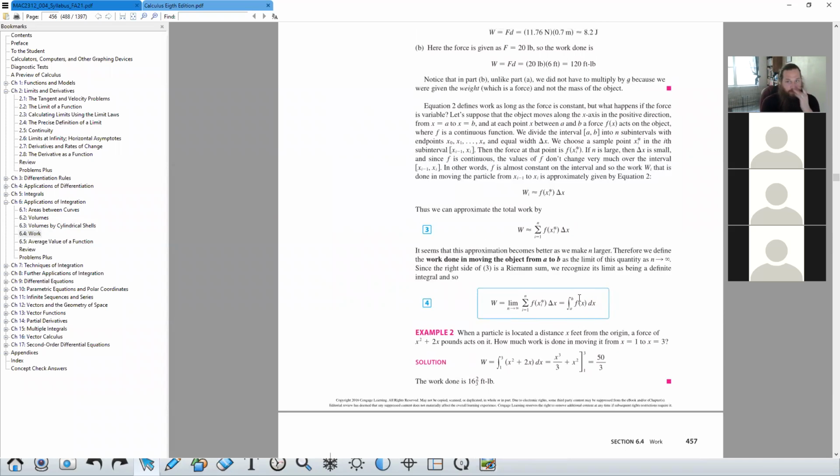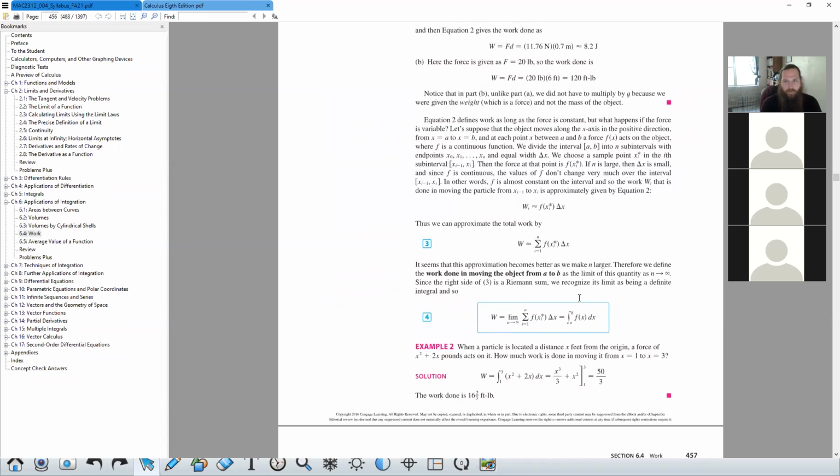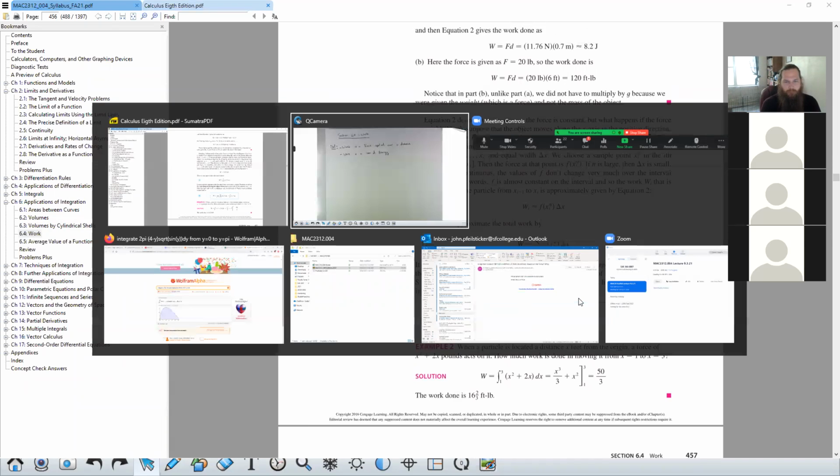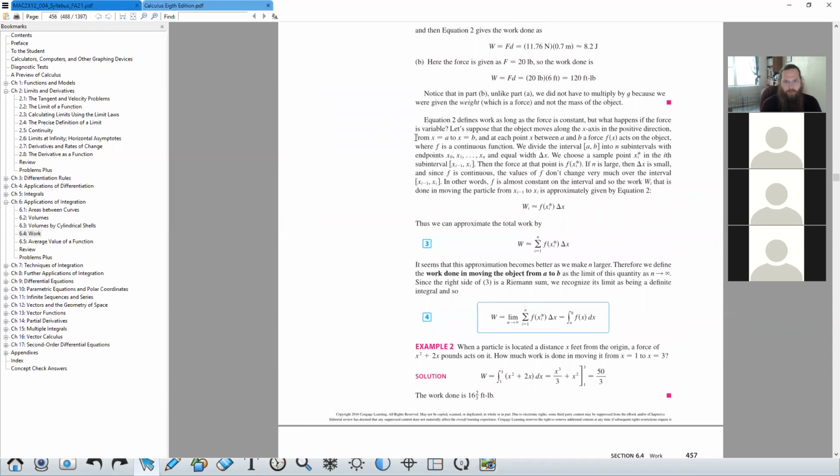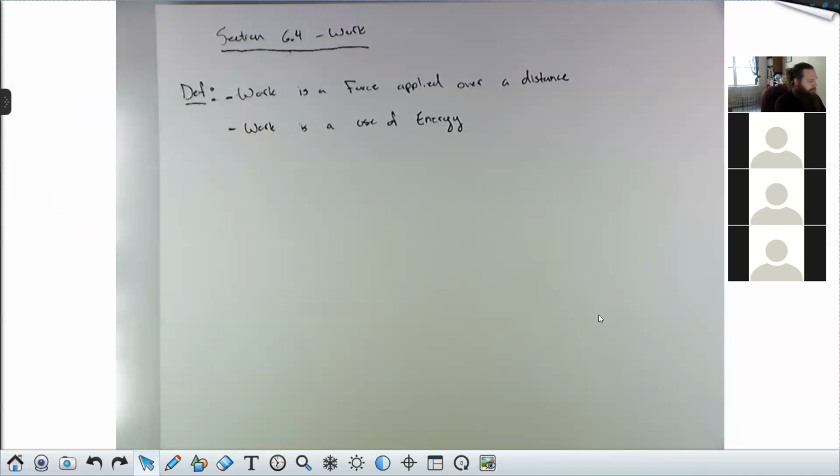So you're integrating over a distance. So we'll grab out the important parts. If you're moving an object along the x-axis from x equals a to x equals b, and you're applying a force at every position x along the way, then you can think of f of x as your force, and then your work really is just the integral of the force over that distance.